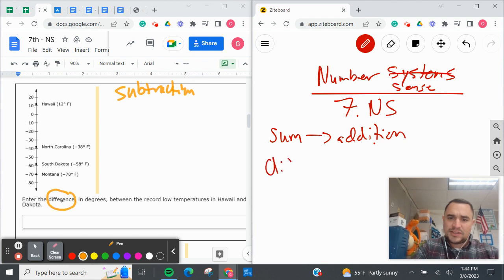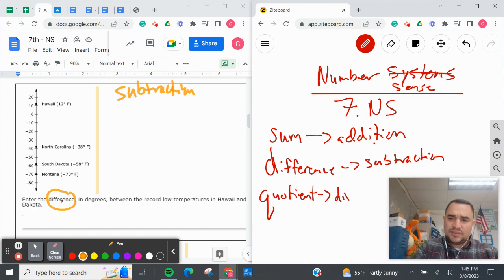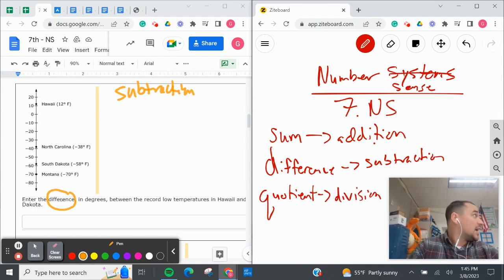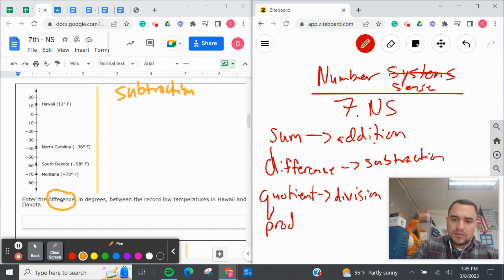Difference is subtraction. Quotient is division. And then, oh, product. Yes. Product is multiplication.